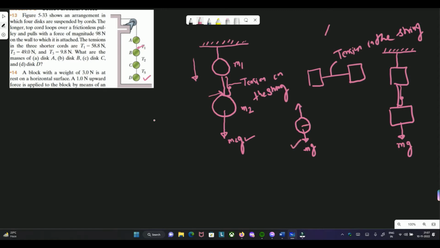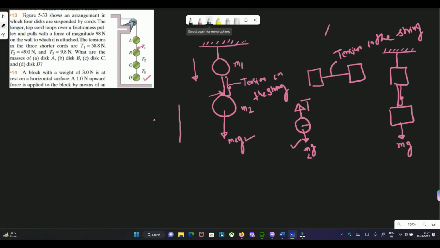This tension is pulling the mass m2 upwards. The tension in the string connecting the two masses is pulling m2 in the opposite direction of the weight. So m2g is downward, and therefore the tension in the string connecting m1 and m2, for m2 only, is upward.